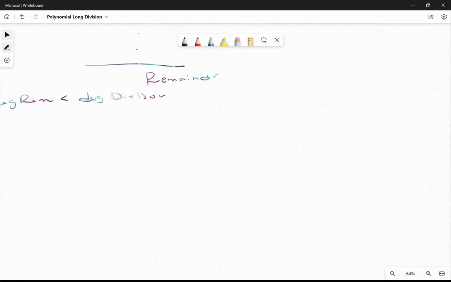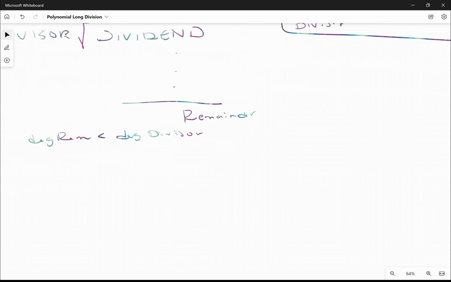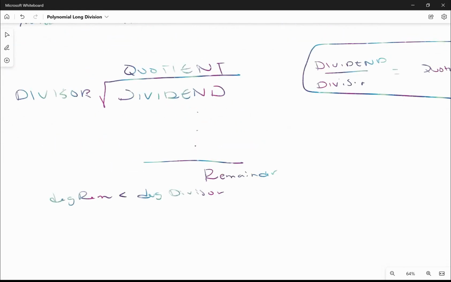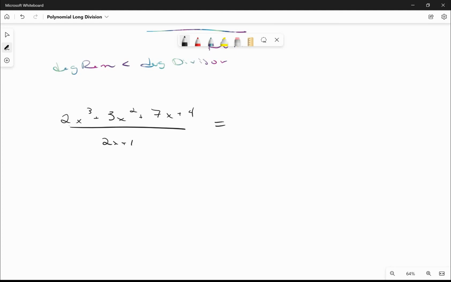Okay, so then why do we do this? Well, at least in this case, this does make it a lot easier to actually compute this integral, right? So we started with 2x cubed plus 3x squared plus 7x plus 4 over 2x plus 1. And we got from long division that this is the same as x squared plus x plus 3 plus 1 over 2x plus 1, right?